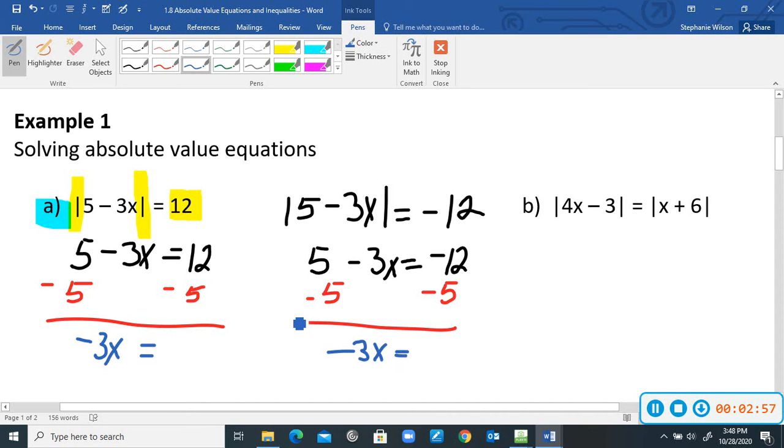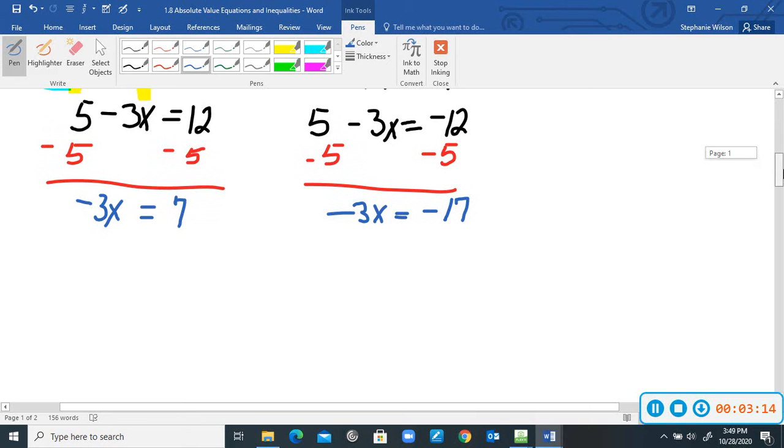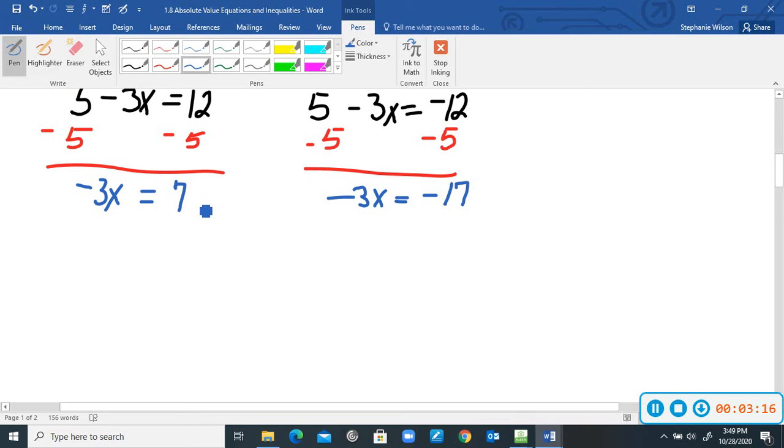On this first equation, I got positive 12 minus 5. That gives me a positive 7. Over here on the second equation, I got negative 12 minus 5. That means I add them together and they're both negative, so it's going to be negative 17. So let's finish both of these up. I need a positive 1 coefficient on x, and I actually got a negative 3. So I need to undo the multiplication with division. What you do to one side, you always do to the other.